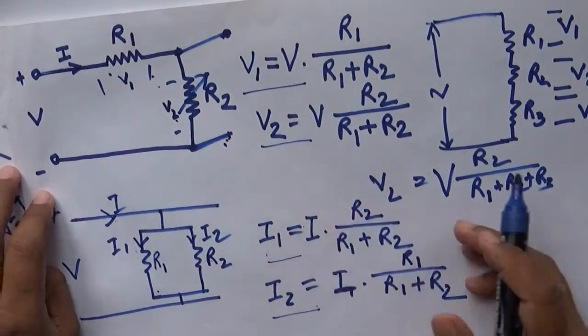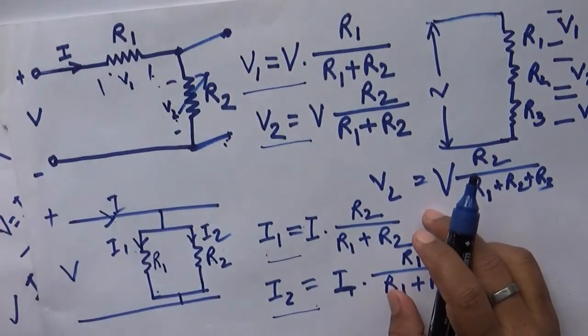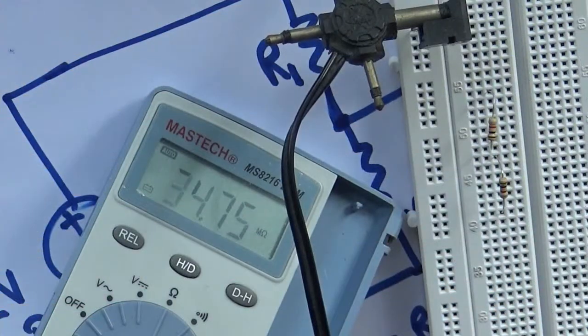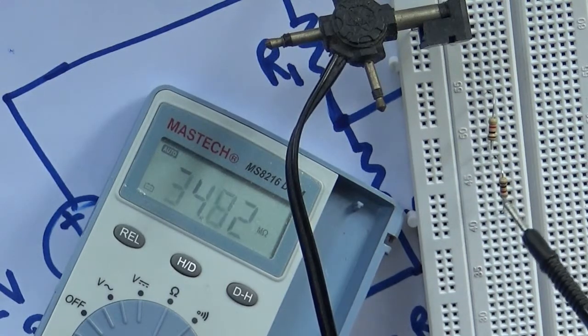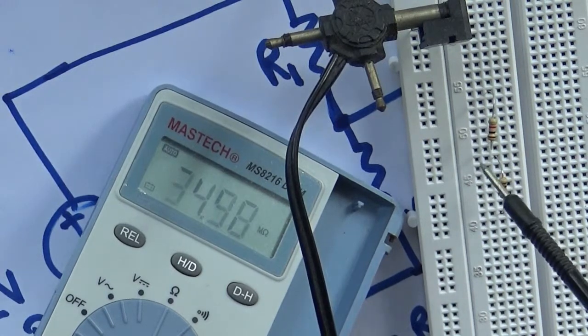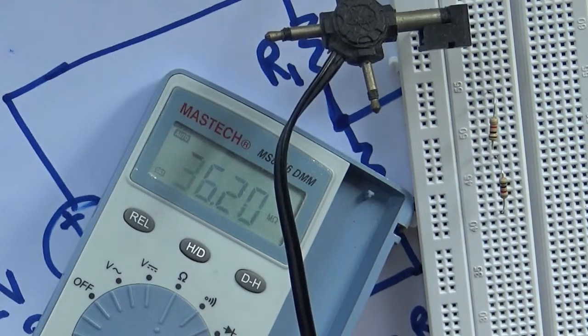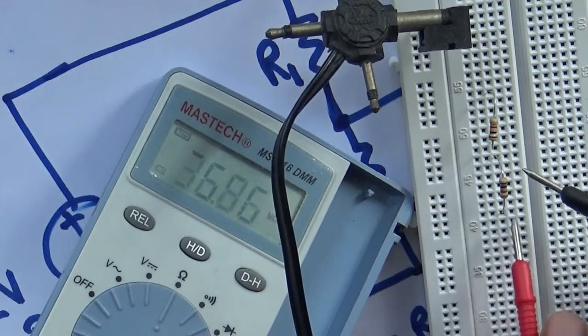Now let's see in practice whether it is working or not. Okay, just a minute please. Let's watch. I have two resistances of 1K, just see, it is 1K.